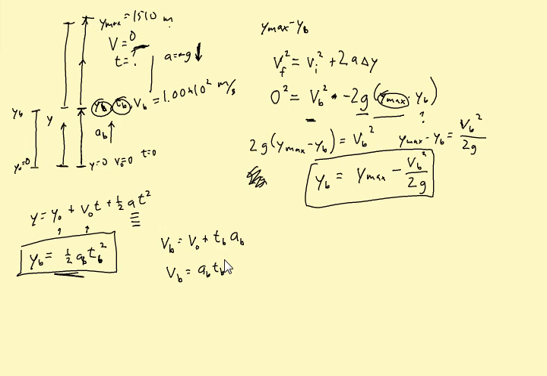So what we can do is take that equation and rearrange it to determine that ab is vb over tb.